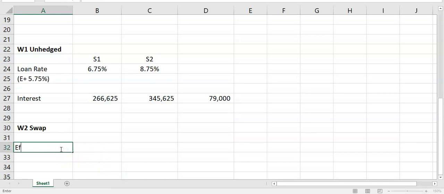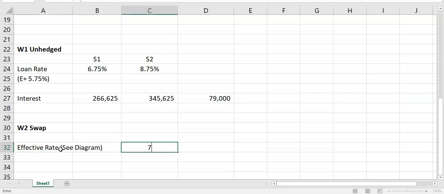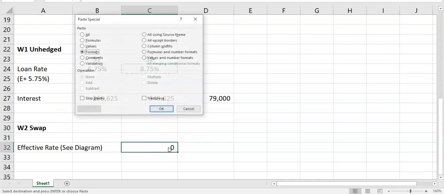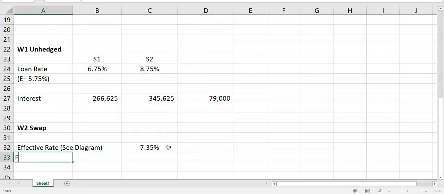So here, your effective rate, which I'm just going to say C diagram, is 7.35%. Right. And your fee then is 0.5%.